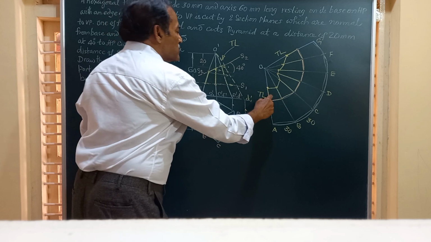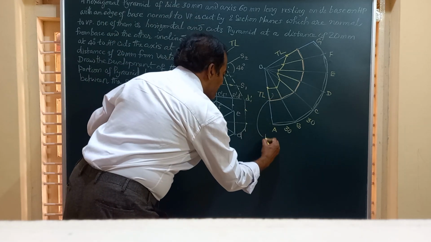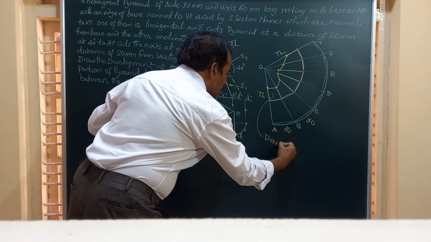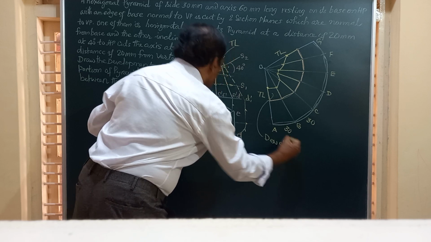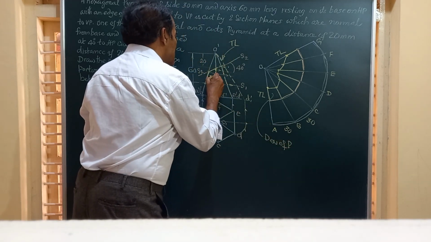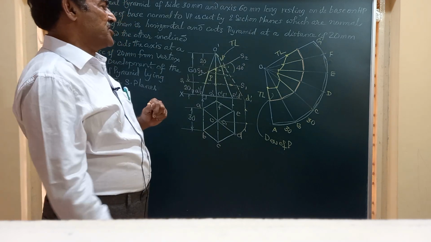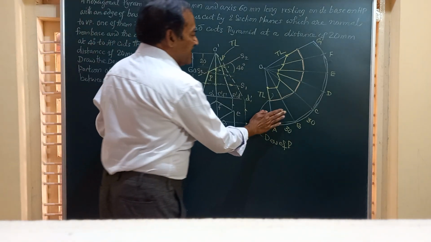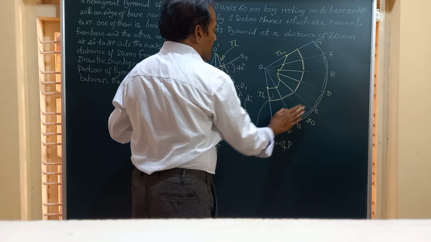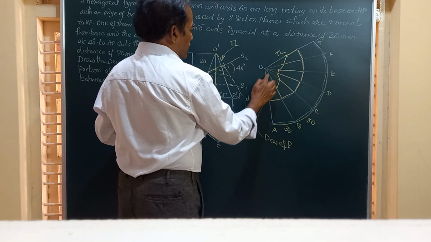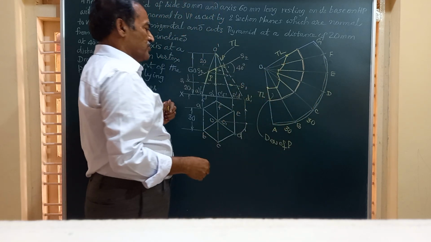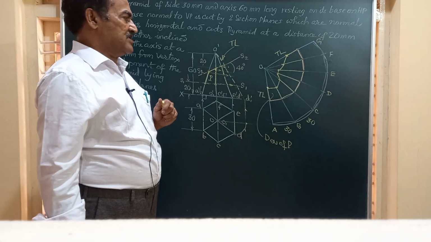Friends, this is the development of the part between the section planes S1 and S2, and all other lines here should be shown by thin lines. Again, the portion above that should be shown by thin lines.